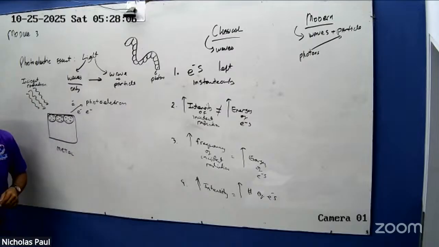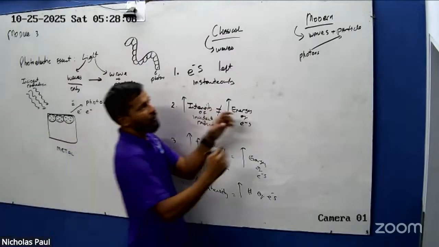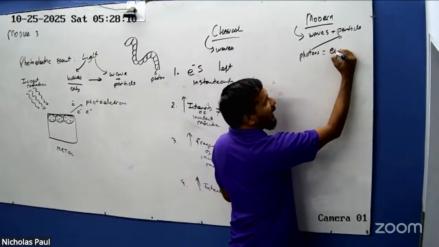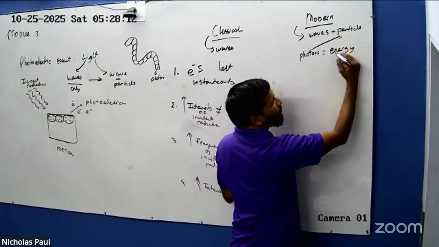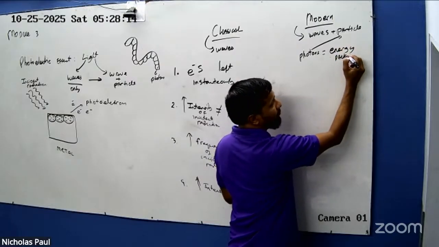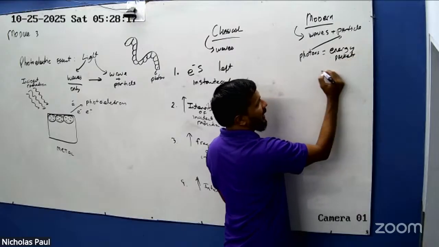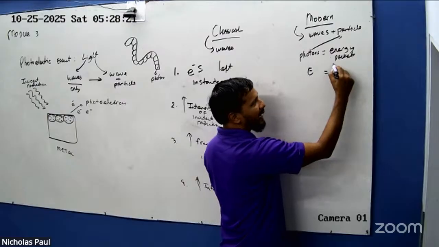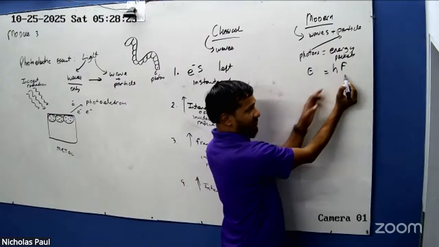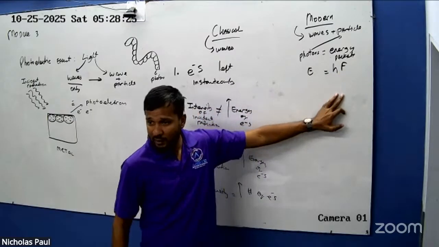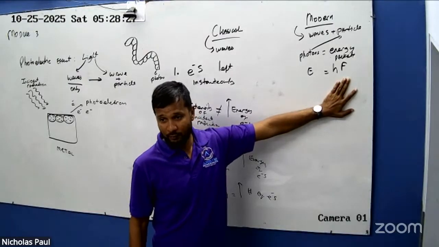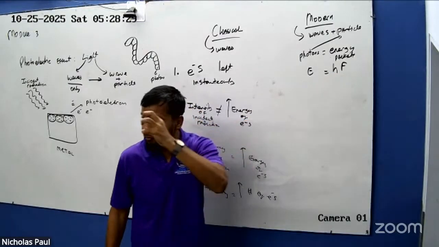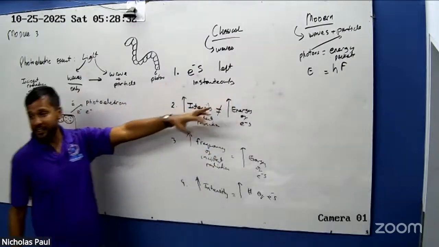So what he said is that these photons were like little energy packets. The energy of each of these photons is given by E = hf. h is a constant, I'll explain that in a little while, and f is frequency. So the energy of every single one of these photons is hf.